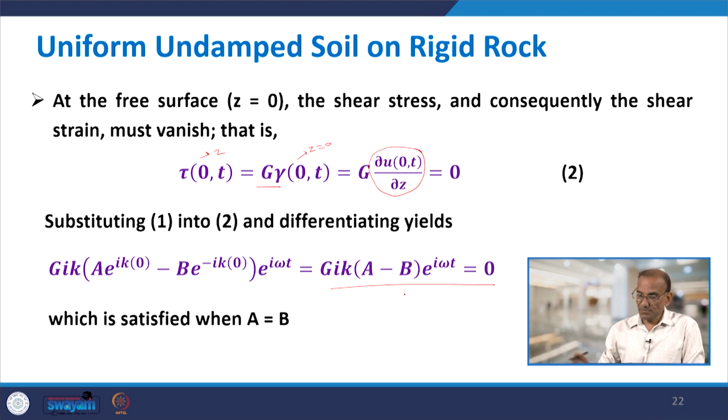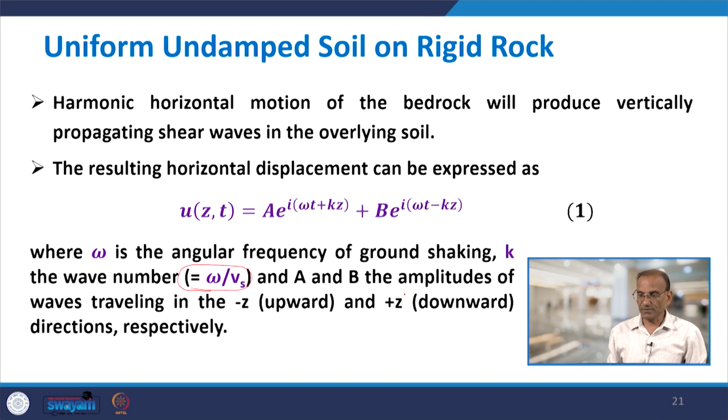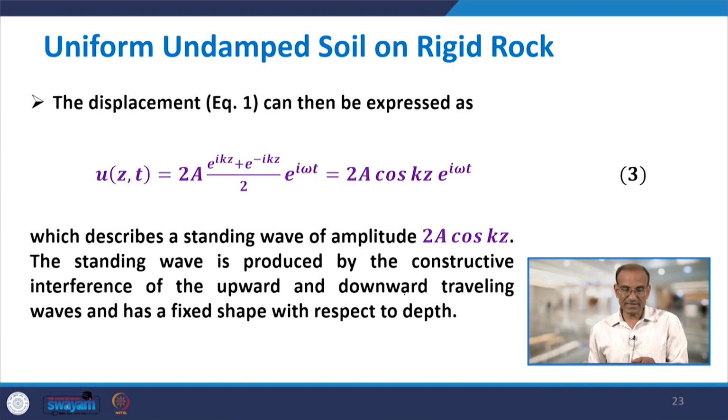Once we put A equal to B, we can simplify equation number 1. Because A and B are equal, we can take 2A in common, and 2 divided by 2 will be cancelled out. So, we rearrange equation number 1.